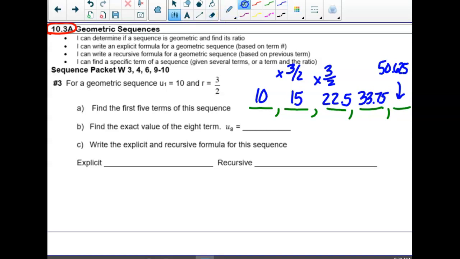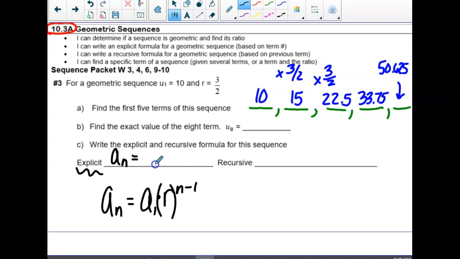In my mind, I'd just jump down to this question. Can we write the explicit formula? What does that look like on your reference sheet? Is that what it looks like for geometric? Doesn't have parentheses, but Hofbauer always puts parentheses. So how would that look for this particular sequence?